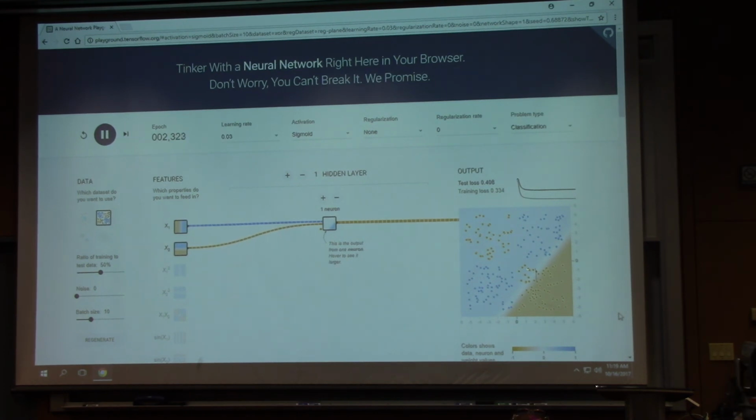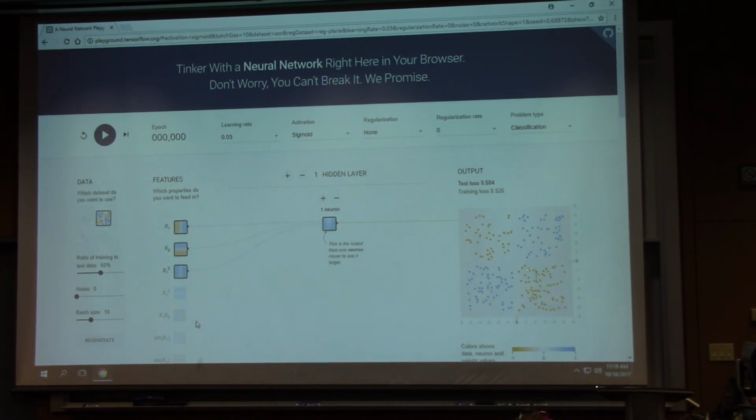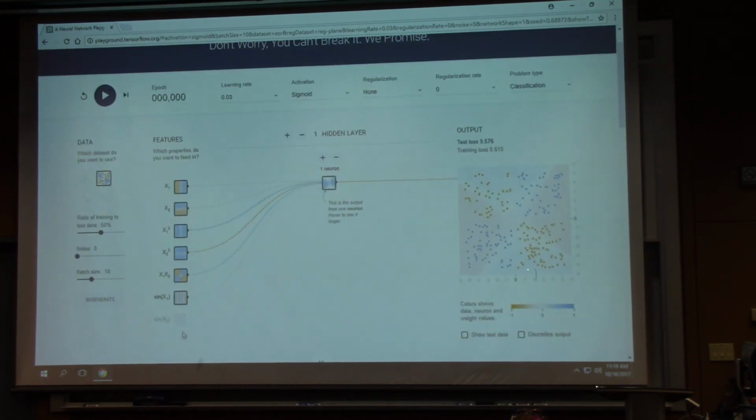Now, here is an interesting question. So, there are things here. This is x1 and x2, but apparently I can also give an input called x1 square. And I can also give an input called x2 square. I can also give an input called x1, x2. I can also give an input called sin x1 and sin x2.